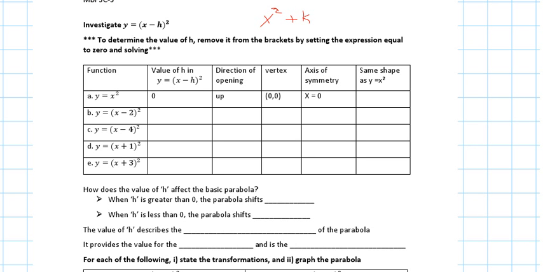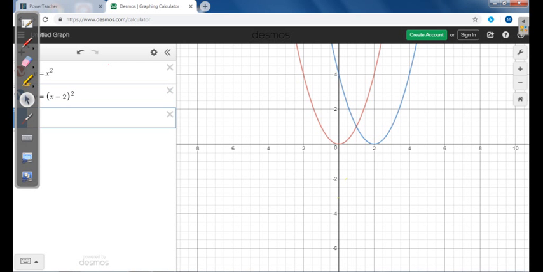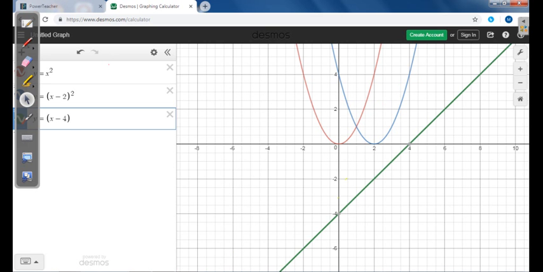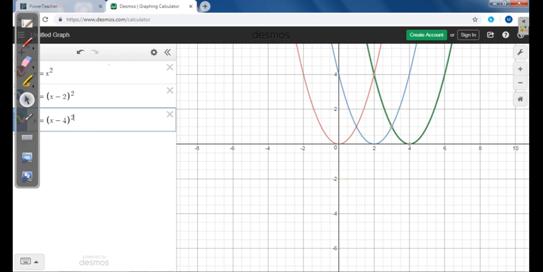y equals (x - 4) squared. What happened? Move to the right how much? From the original one. How much did it move to the right? 4.